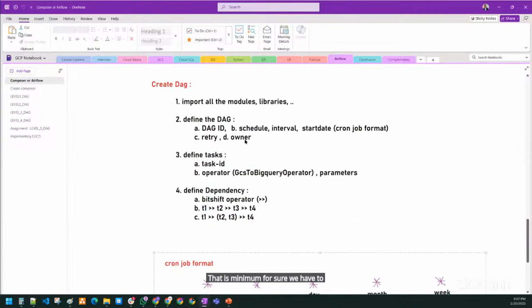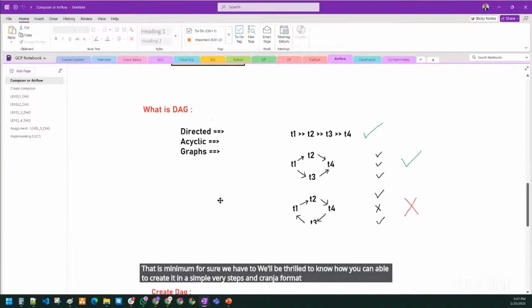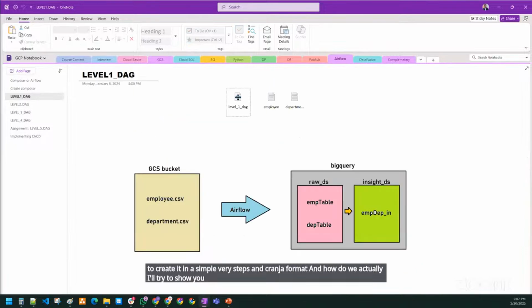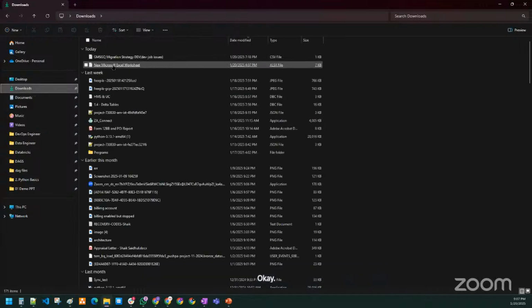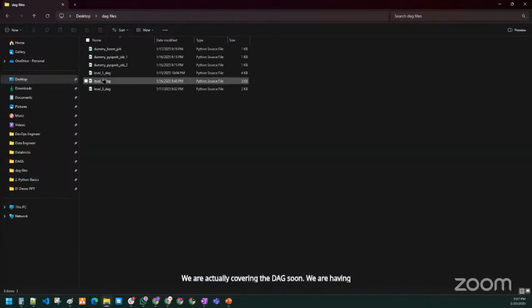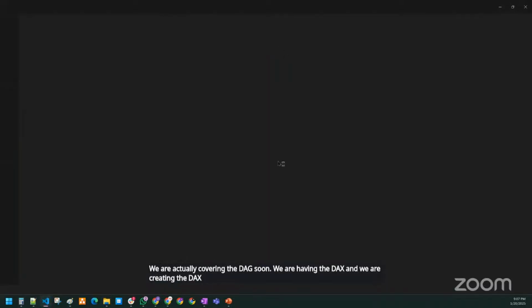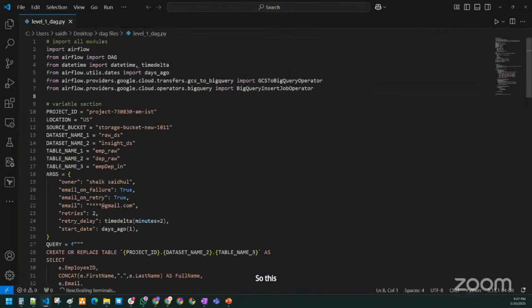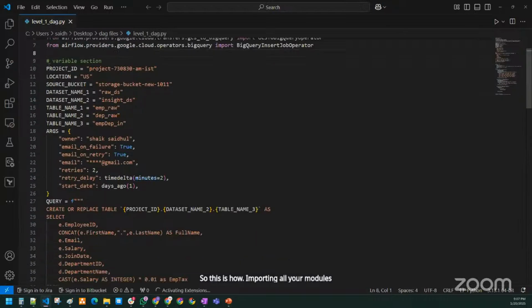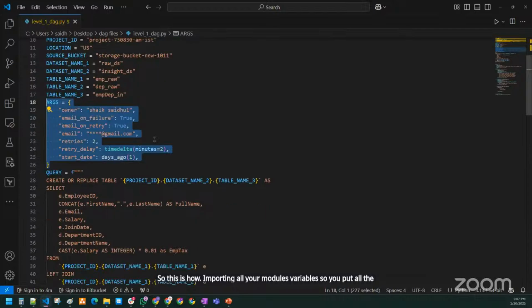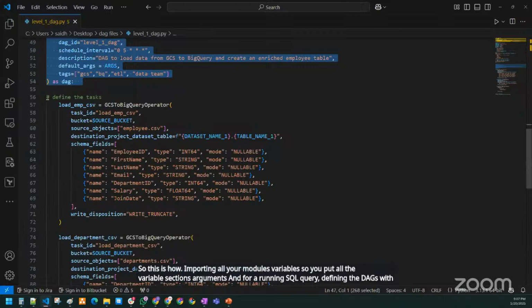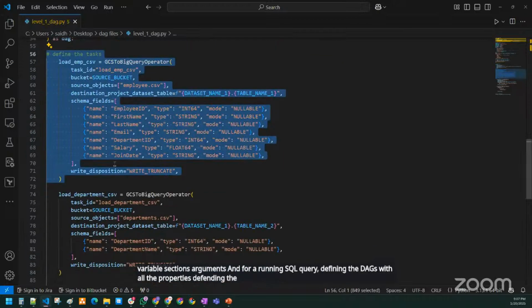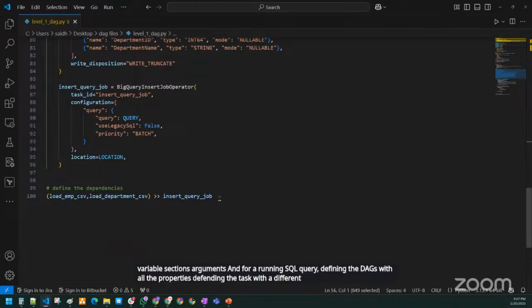You will be thrilled to know how you can create it in very simple steps and in Jinja format. I'll try to show you. For one of the evening batches, we are covering the DAGs soon. If you can see here, this is how it works: importing all the modules and variables, putting in the variable sections and arguments, running a SQL query, defining the DAG with all the properties, defining the tasks, and finally defining the dependencies.